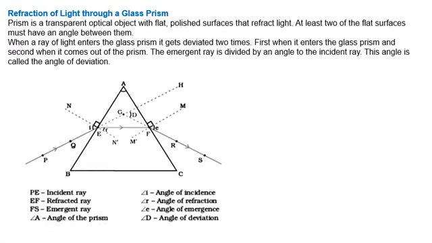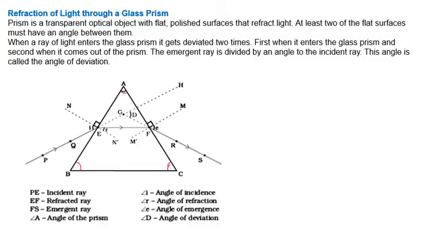Coming to the next diagram, refraction of light through a glass prism. There is a glass prism over here, right? This glass prism, as you can see, is made up of three plane surfaces. These three plane surfaces are joined together, and there is an angle made between each surface.